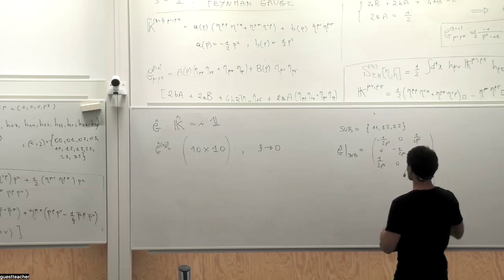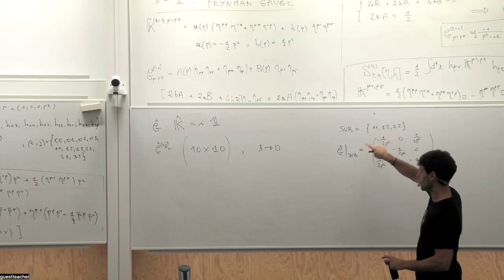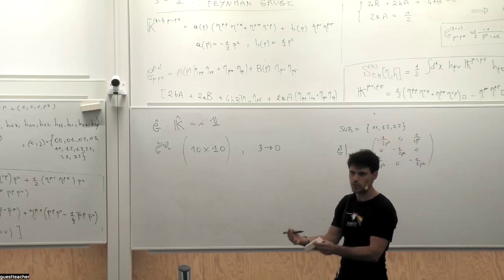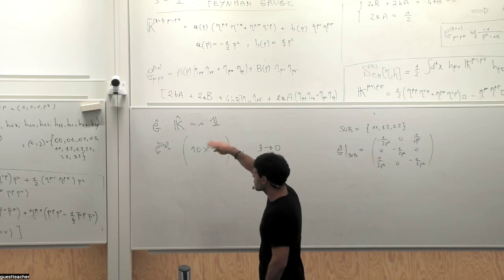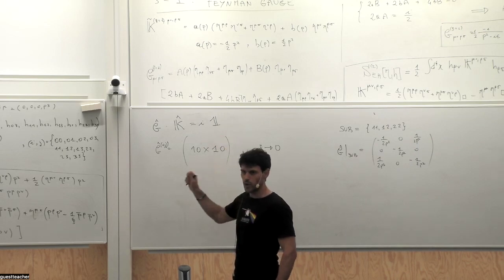So basically, this part of the propagator is the only part that contains 1 over p square poles. The other components will only have 1 over p3.